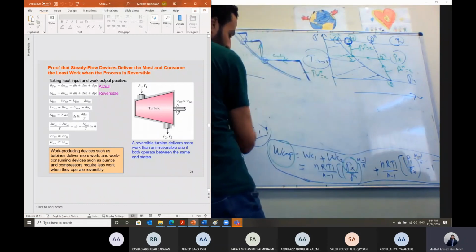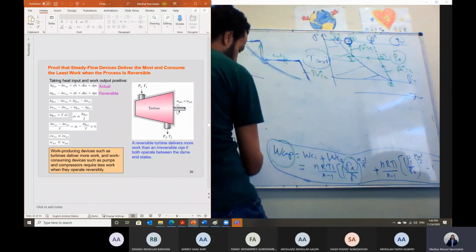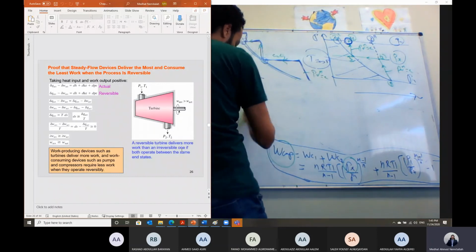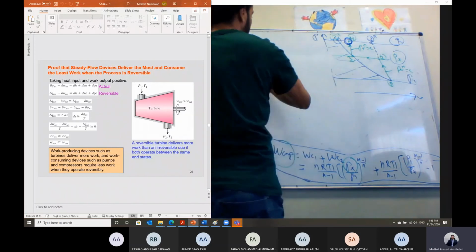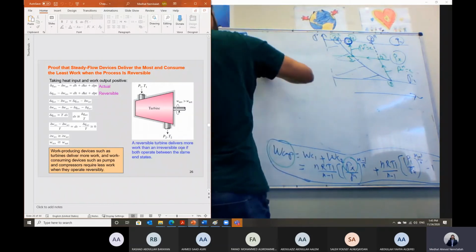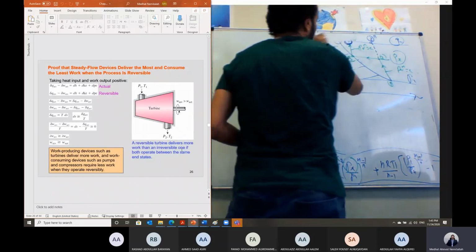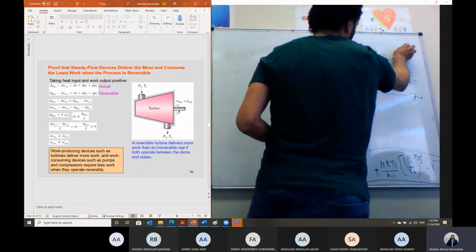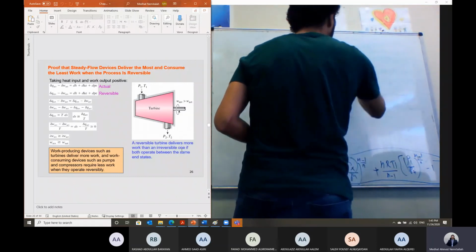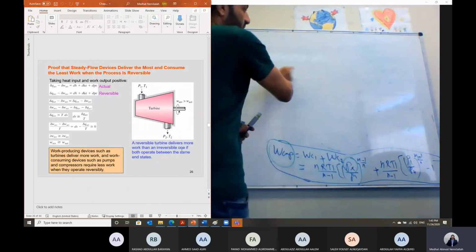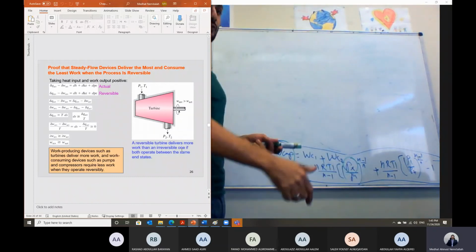Mathematically, in this case, we have to differentiate. You can do that, try it, and equate the value to 0. Differentiate the compressor work with respect to Px, equate the value to 0 and solve for Px.